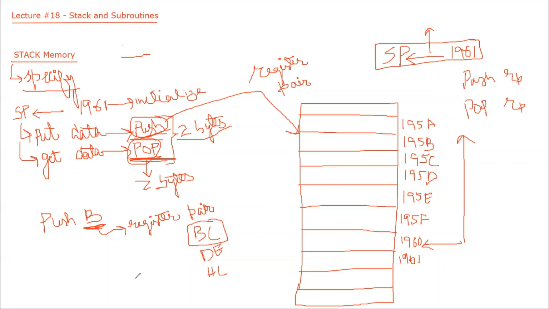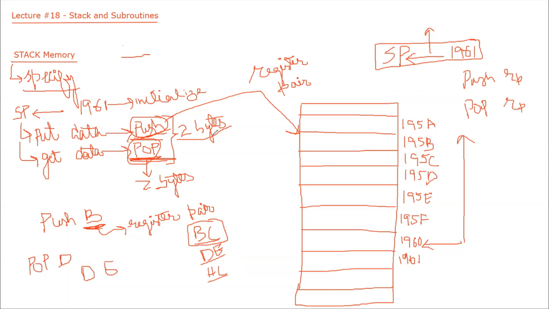Or in other words, if I am using pop D, pop D says that go to the stack and take 2 bytes of data from the stack. Put 1 byte in D and another byte in E. Okay. So how many register pairs are there? BC, DE, and HL.